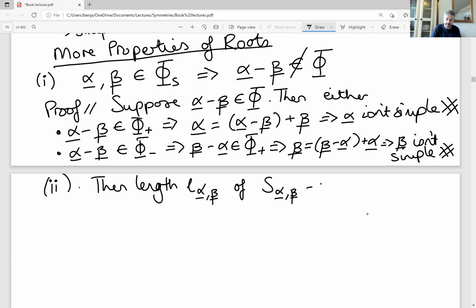So remember, this is the alpha string through beta. We're calling the length L alpha beta, and it's just the number of elements in S alpha comma beta.